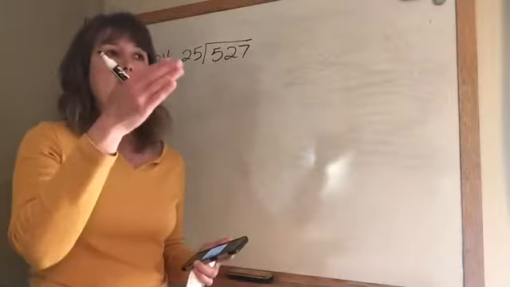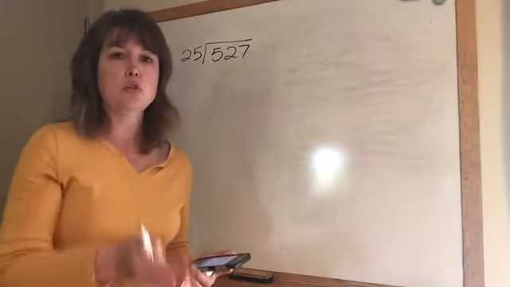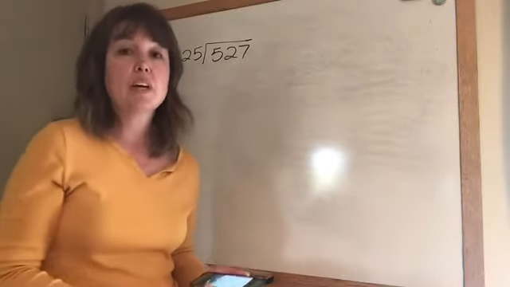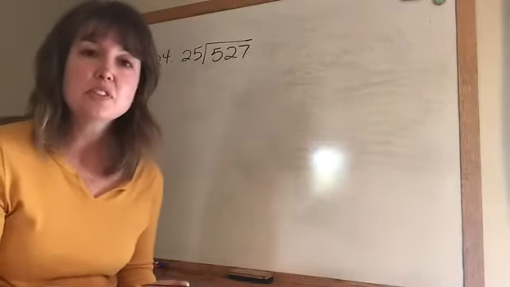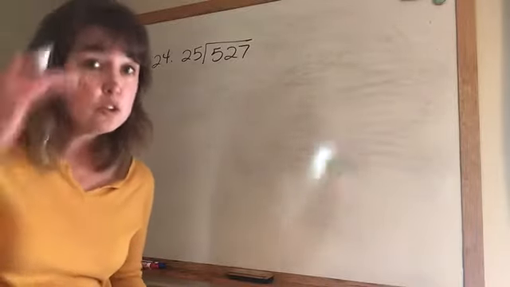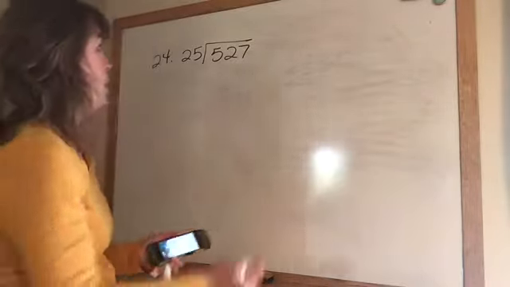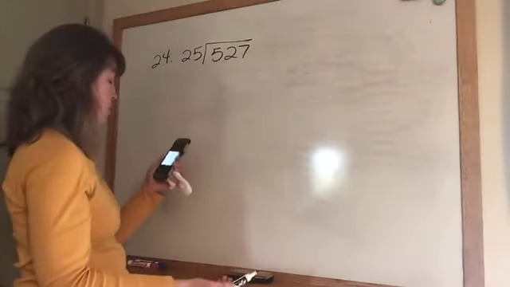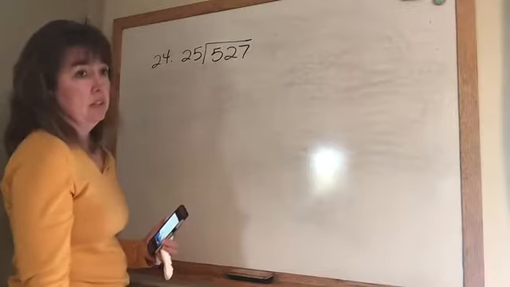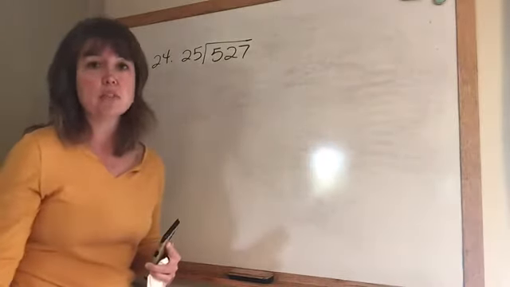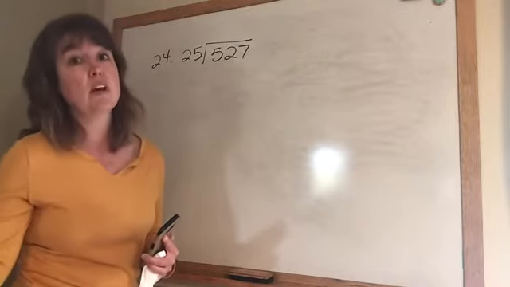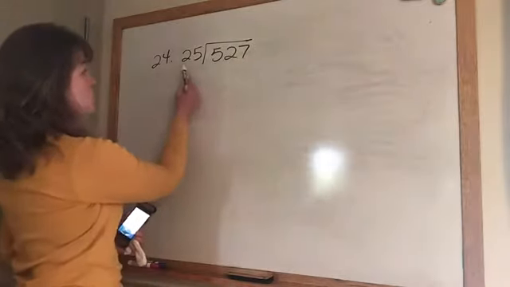I can't say there's this way to do this problem. You just have to use your brain and common sense for each one. You could round 25 up to 30, but you can count by 25s because you count with quarters, right? 25, 50, 75, 100. So let's just do that.